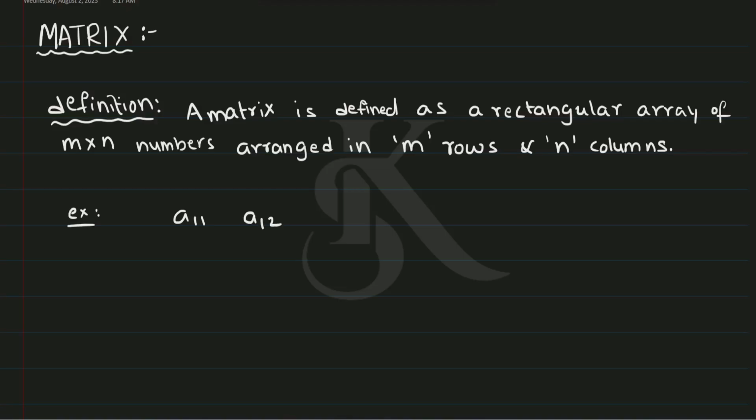A13 is row 1, column 3. Like that up to A1n. A21 means row 2, column 1. If we go horizontal, that is row. Vertical ones are columns.